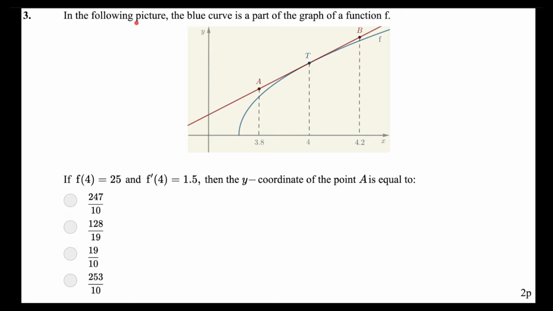Of course, it didn't hurt if I just emphasize it explicitly. Okay, anyway. And then if f of 4 is 25 and f prime of 4 is 1.5, then the y-coordinate of the point A here is equal to which one of these numbers?